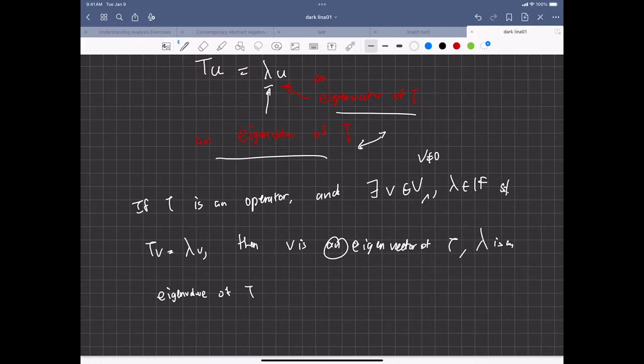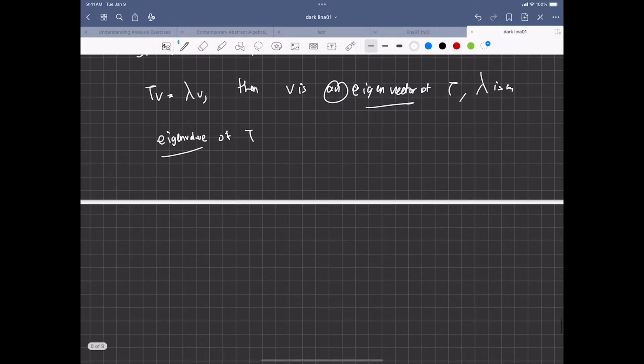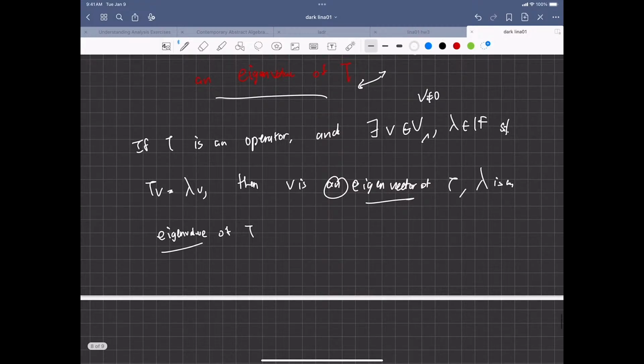Recall the eigenvectors are vectors where if you apply a linear operator to them, it is simply a scalar multiple of the original vector, and eigenvalues are what you scale eigenvectors by. So why are we requiring this to not be zero?